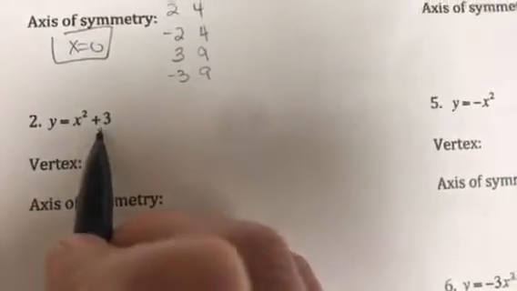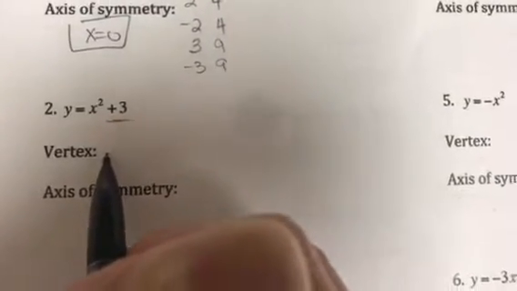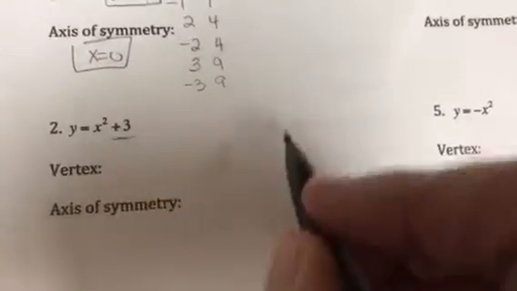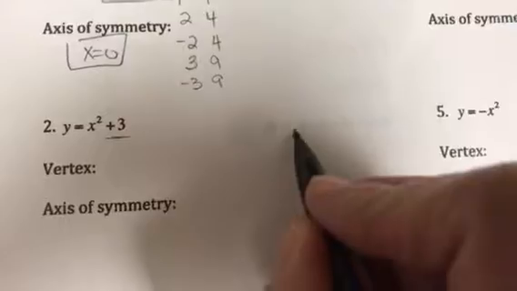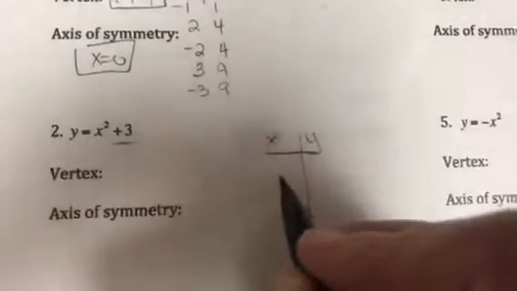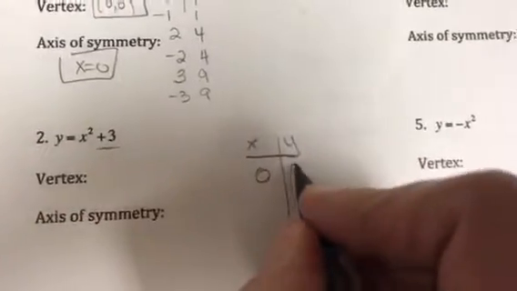Okay, now, what happens right here if I add 3? Eventually you're going to know what this does, and you're not going to have to plot as many points. I do want to see at least 3 points on every graph. But let's just plug in some points and see what happens. If I plug in 0, I'm going to get 0 plus 3, or 3.